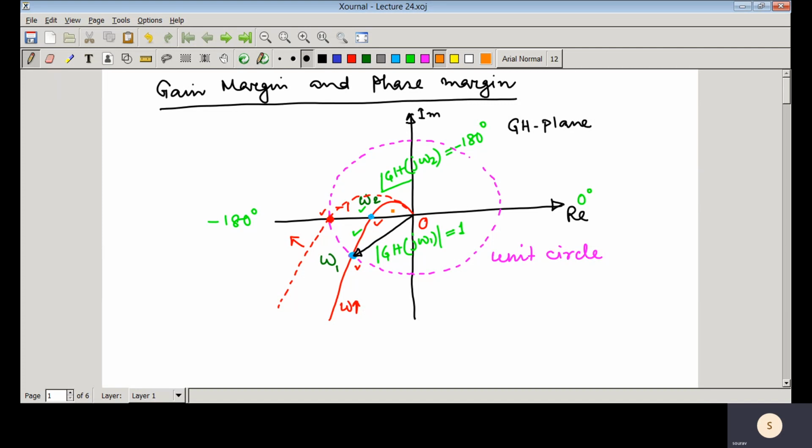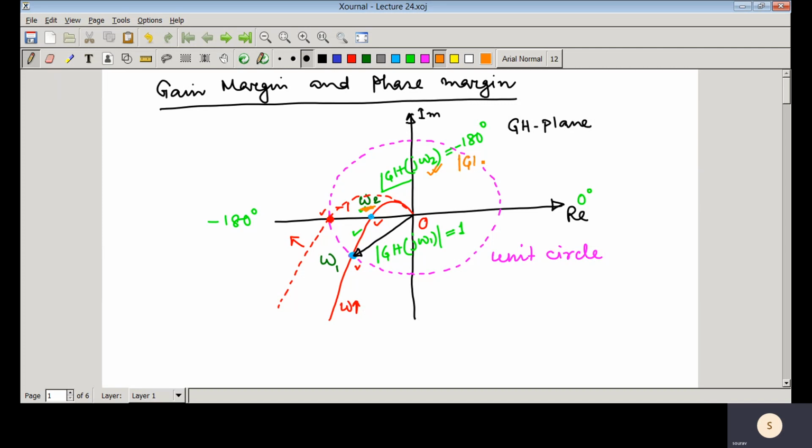So one thing is that this is that gain. So that means this is a frequency at omega equal to omega 2, and at that frequency, if we just calculate the phase, that phase would be minus 180 degree. So now what would be the gain?